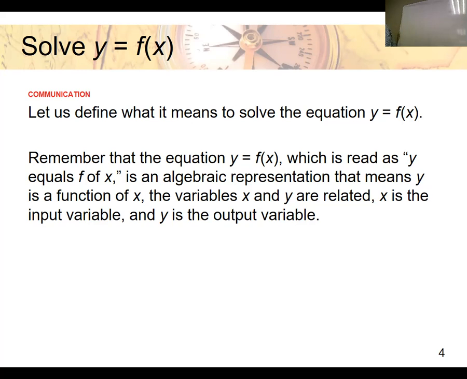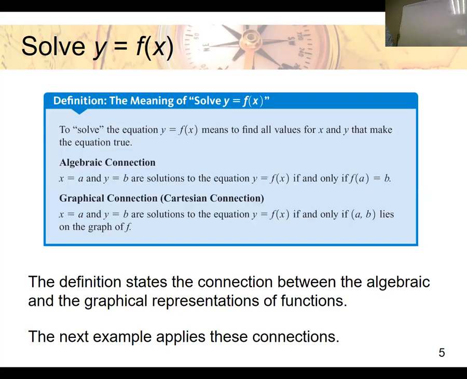The x and the y variables are related, where x is the input variable and y is the output variable. Here's the definition: to solve the equation y equal f of x, you want to find all the values of x and y that make the equation a true statement.